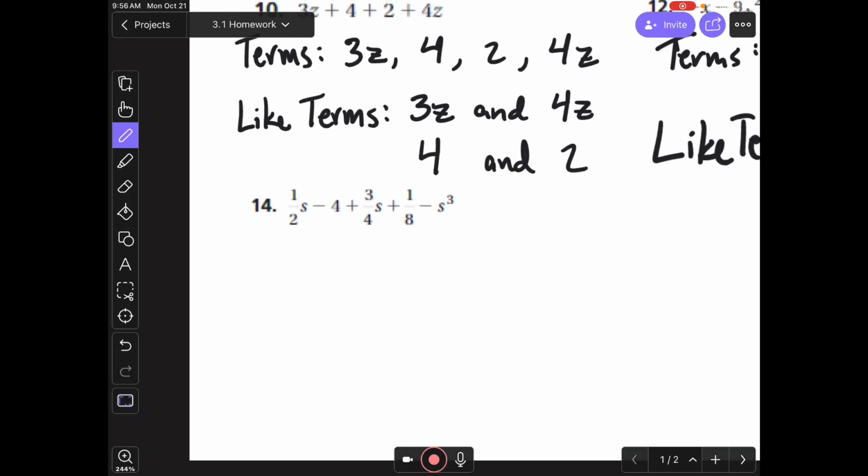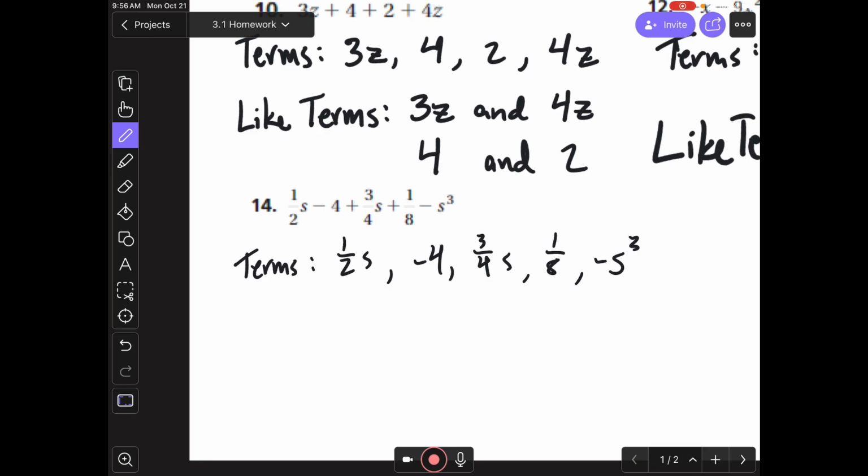For 14, my terms are as follows: 1/2 s, -4, 3/4 s, 1/8, -s cubed.